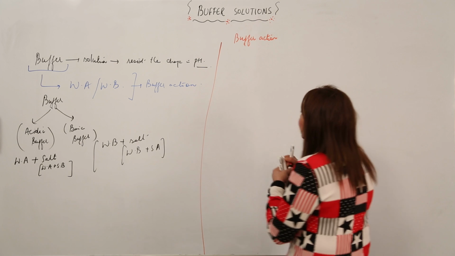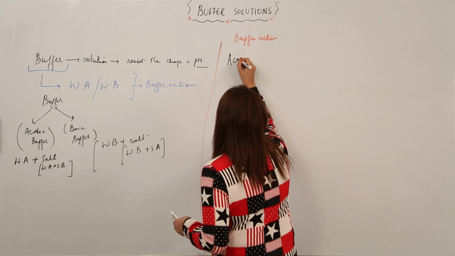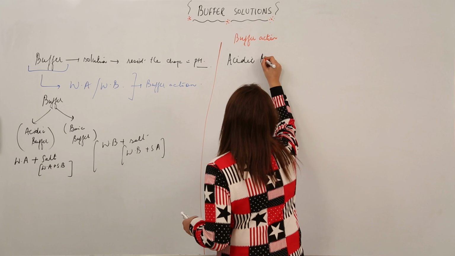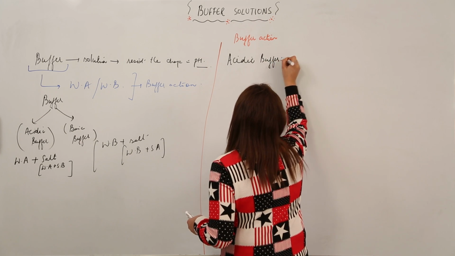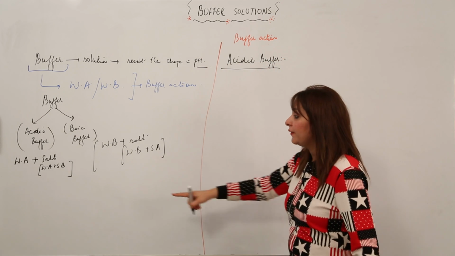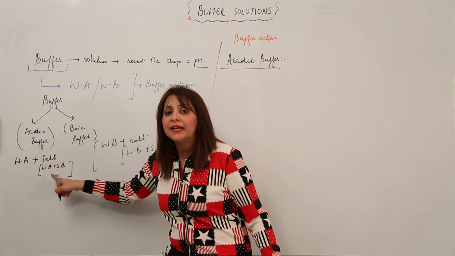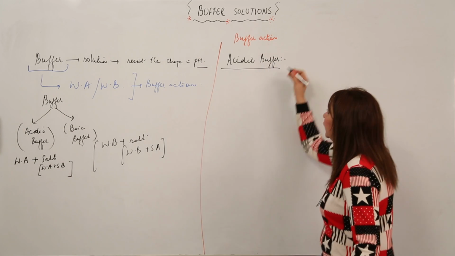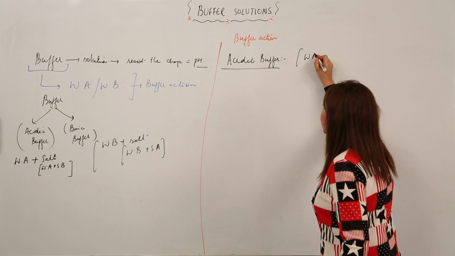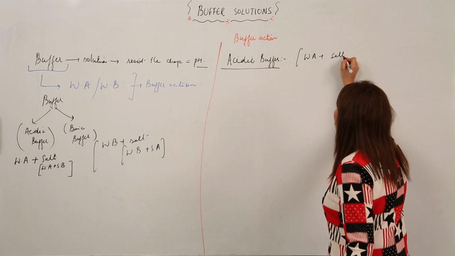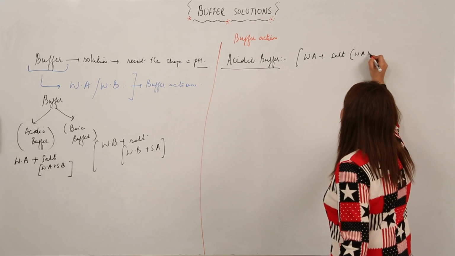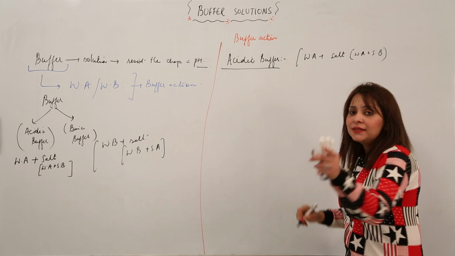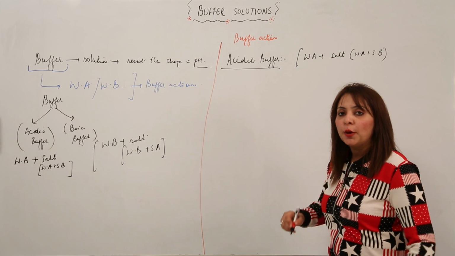So I am taking the acidic buffer first. As I told you, acidic buffer consists of a weak acid plus a salt of weak acid and strong base. Let us take an example to explain in a proper manner.